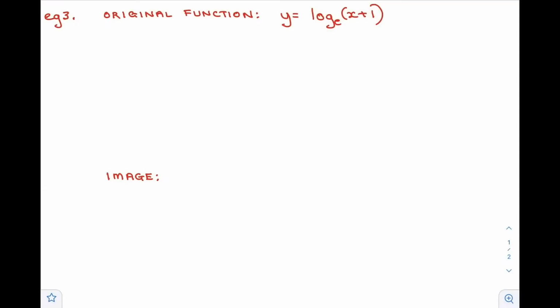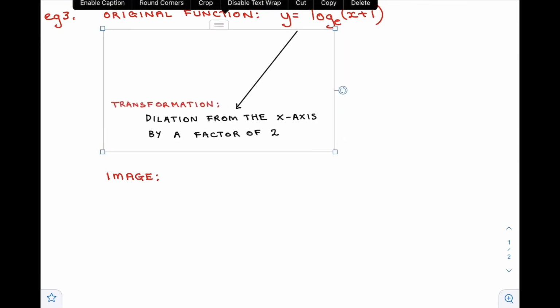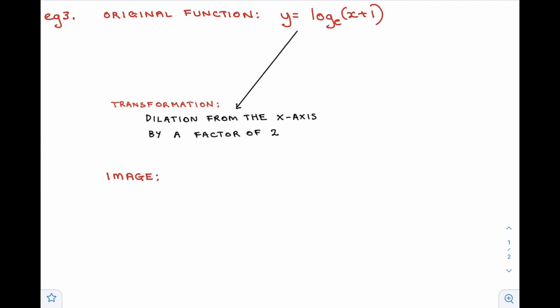In this example, we will begin with the original function y equals log to the base e of x plus 1 and apply a dilation of factor 2 from the x-axis. In this case, the image function will be the same as the original function, with the right-hand side of the rule multiplied by 2.